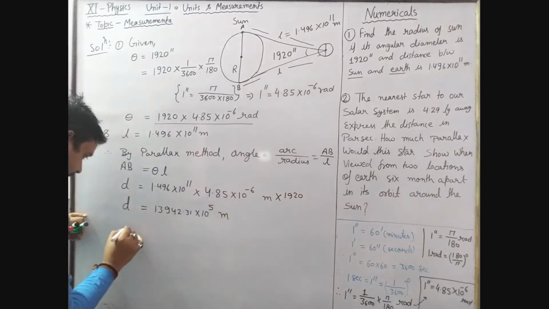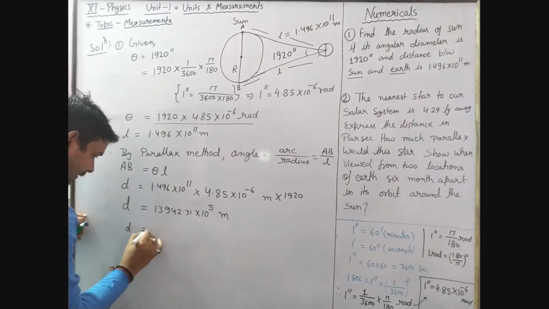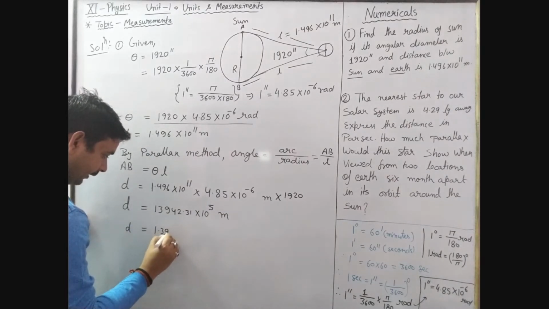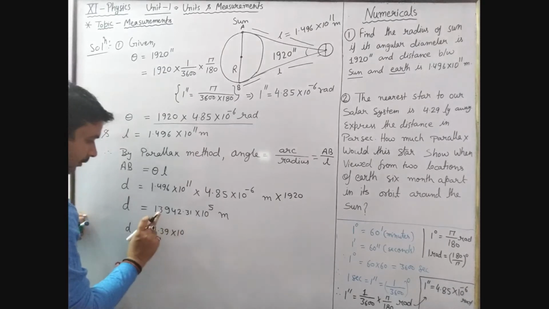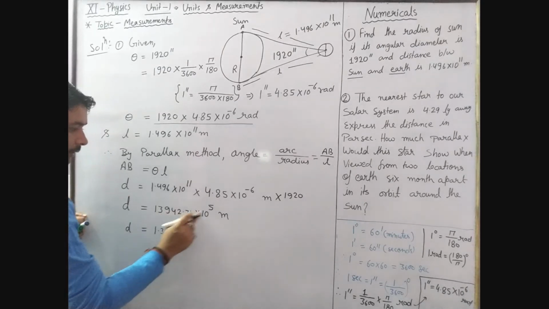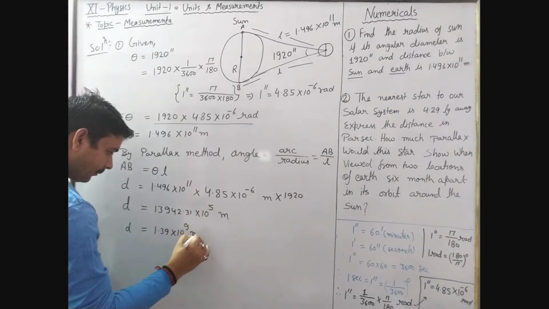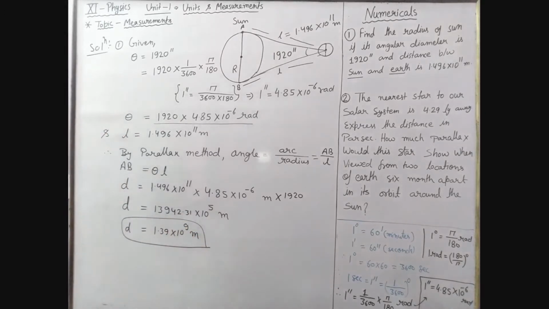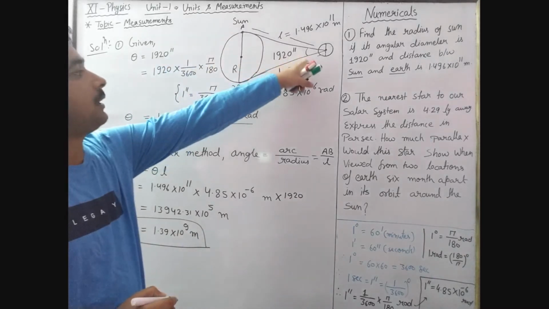That means D is equal to 1.39 into 10 to the power 9 meter. So this is the diameter of the sun when the angular diameter is this much.